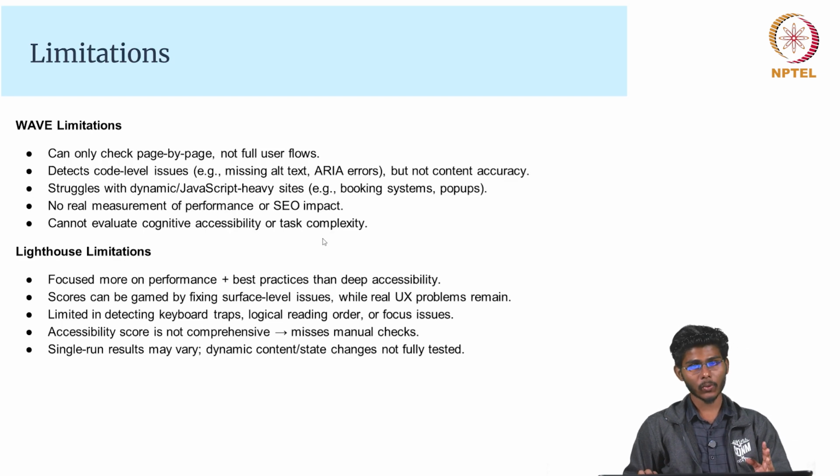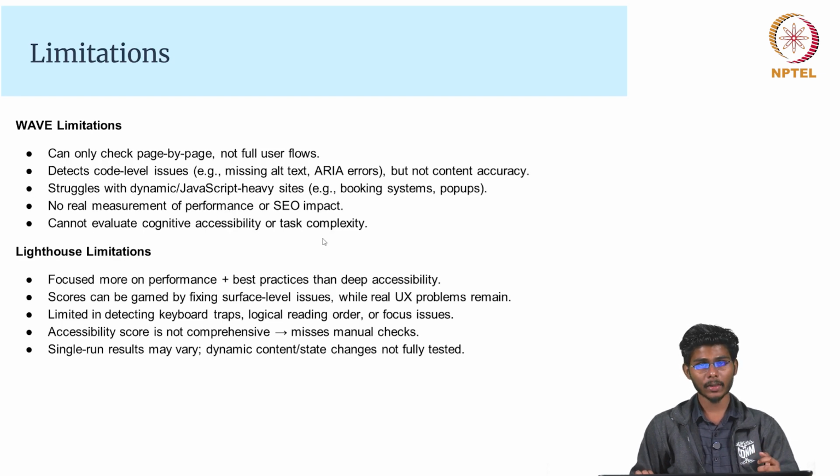Also, these two tools come with some limitations. WAVE can only check by page, not the whole user flow, like login to the main page and then the application page. It can only check a single interface and generate the report for that page only.